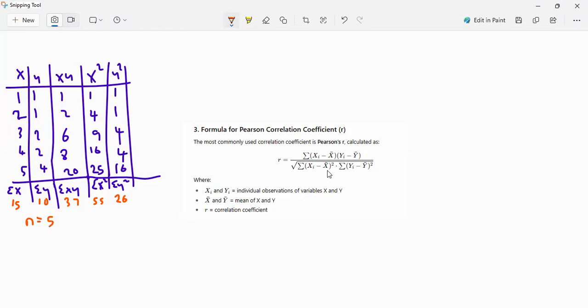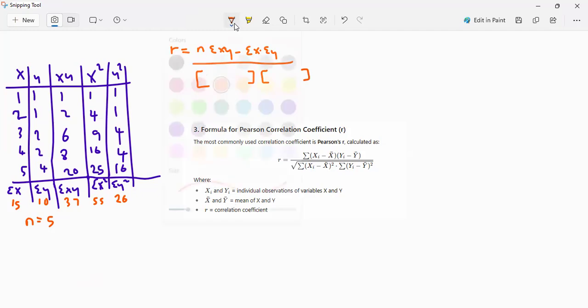So R, we said R, what was the formula for R? n summation of xy minus summation of x times summation of y. Then down here we have what? The summation of the variation in x and the variation in y.